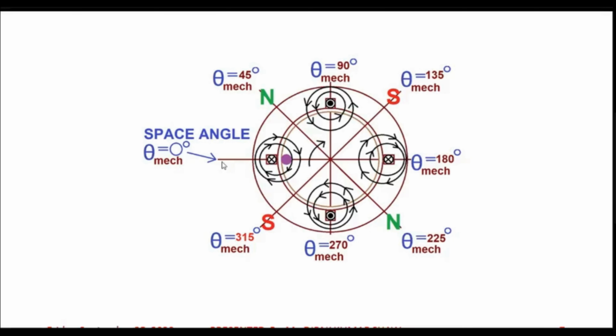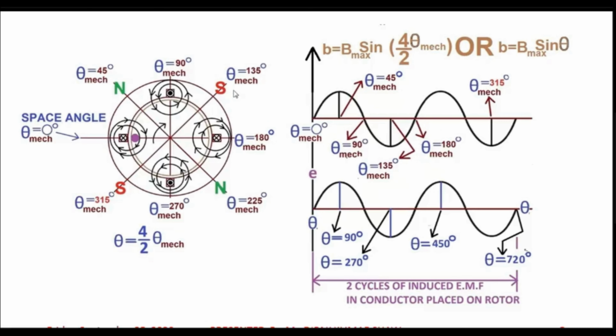That means we have moved only from theta mechanical equal to 0 degree to theta mechanical equal to 180 degree. But in that 180 degree span, when we are moving 180 degrees in terms of mechanical degrees, we are seeing that one complete cycle of the variation of magnetic flux density has been completed, isn't it? Like this one, you can view over here.